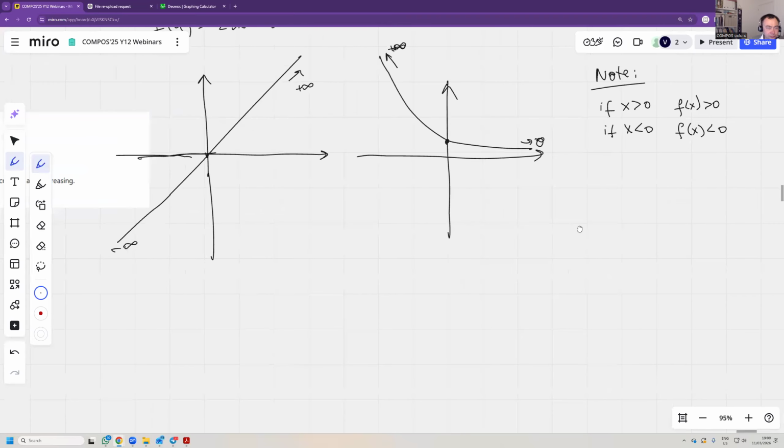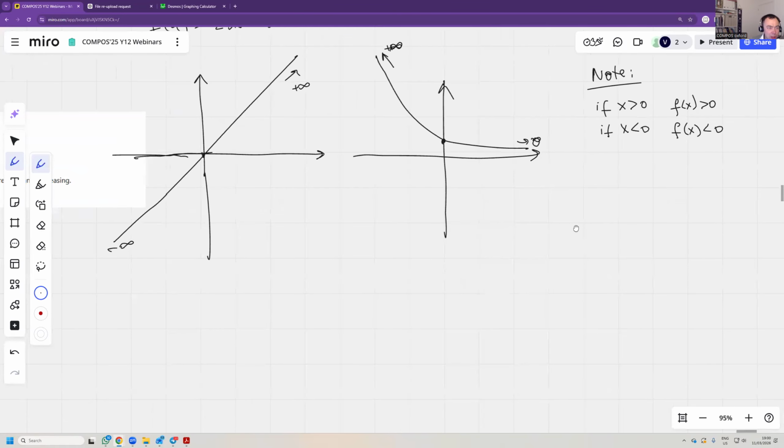Now, infinity times negative infinity is negative infinity. So as x tends to negative infinity, f of x tends to negative infinity. Okay, that's nice. At x equals 0, f of 0 is 0. That's another note. So it goes through 0.